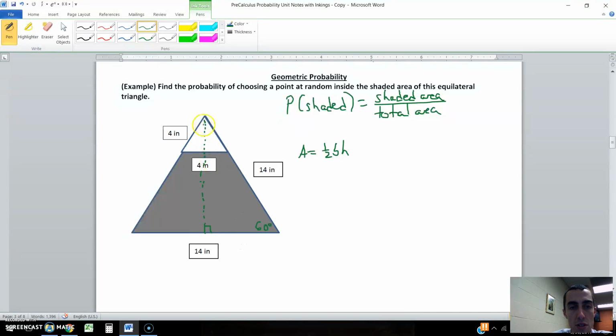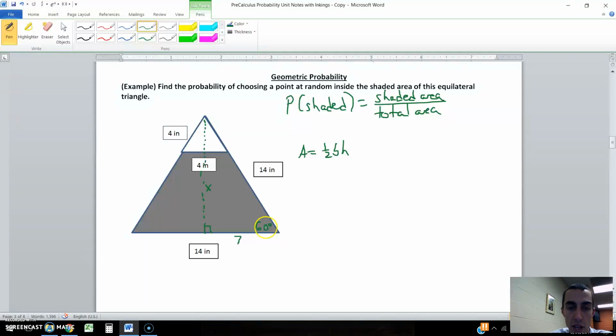I know that this altitude is going to break this side into 2 equal pieces. This altitude breaks this angle, since it's an equilateral triangle, in half. So this short side right here is 7. I'm looking for this altitude.